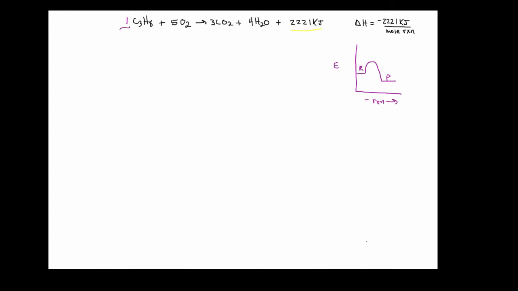This value here is H1. If we draw the line over, this is H2. The gap is delta H, equal to H2 minus H1, and that value is minus 2,221 kilojoules for this particular chemical reaction.